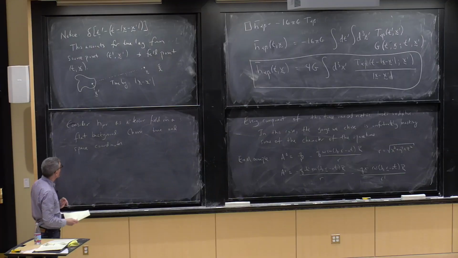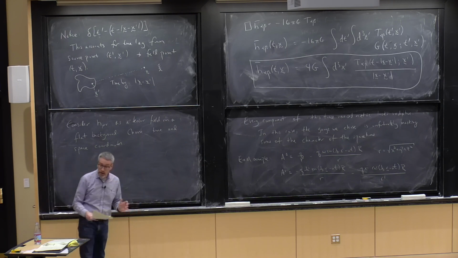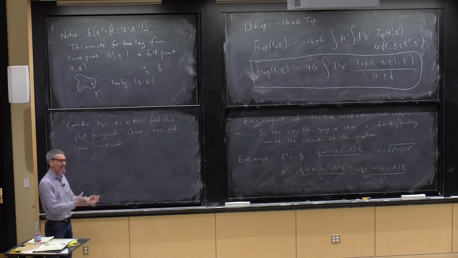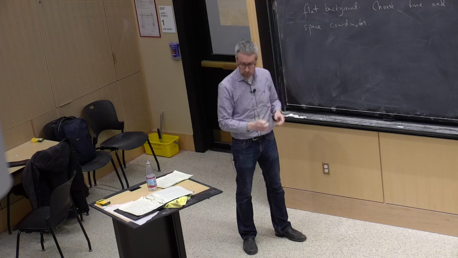Once I have chosen time and space coordinates, I then think about how this 4x4 tensor, how its different components break up and how they behave with respect to rotations in the spatial coordinates. I can imagine going in and tweaking my spatial coordinate system.